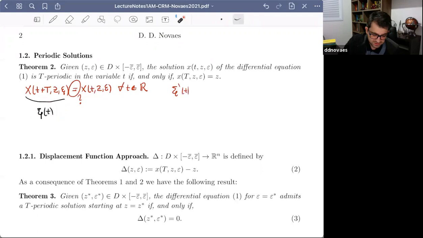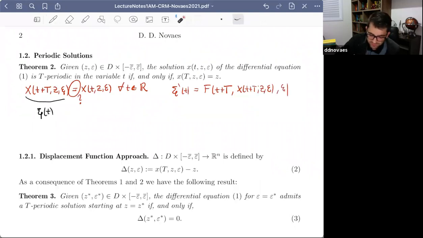It's just the derivative of x(t + T, z, epsilon), and since x is a solution of our differential equation, it is f(t + T, x(t + T, z, epsilon), epsilon).